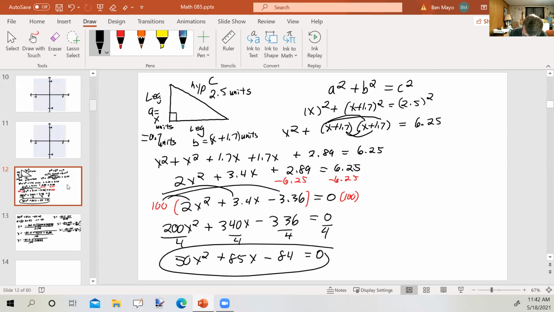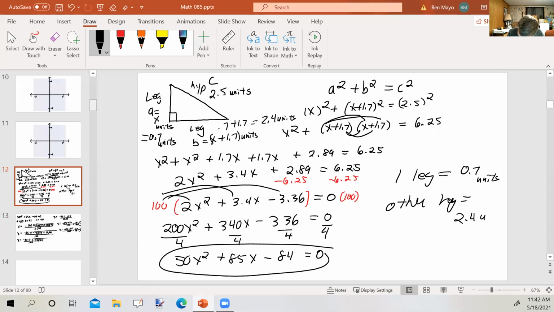And then 0.7 plus 1.7 would be 2.4 units. So the question said, find the lengths of the legs of the triangle. One leg equals 0.7 units. Other leg equals 2.4 units. All righty.